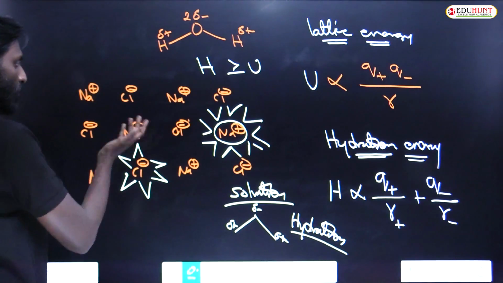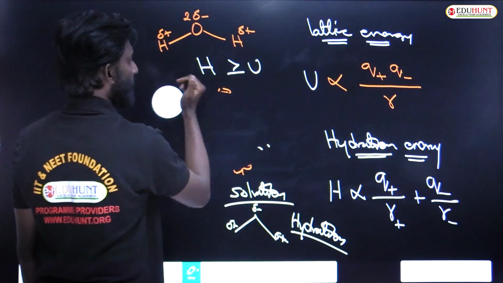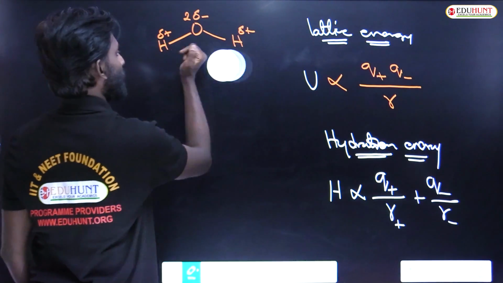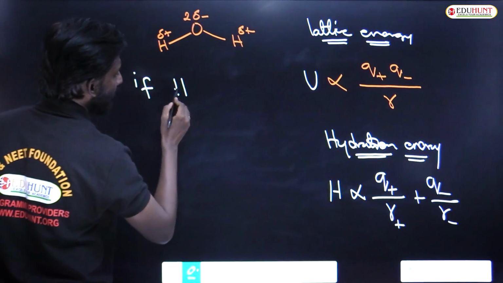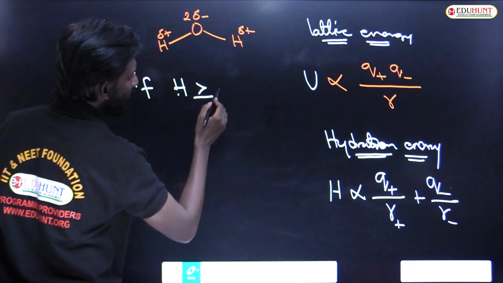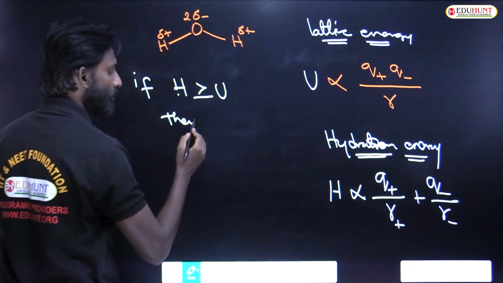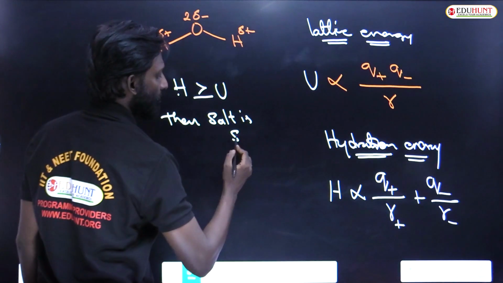So the point is, I am going to erase this. I explained this phenomenon, but what you need to remember is, if hydration enthalpy is greater than or equal to lattice enthalpy, then the salt is soluble.